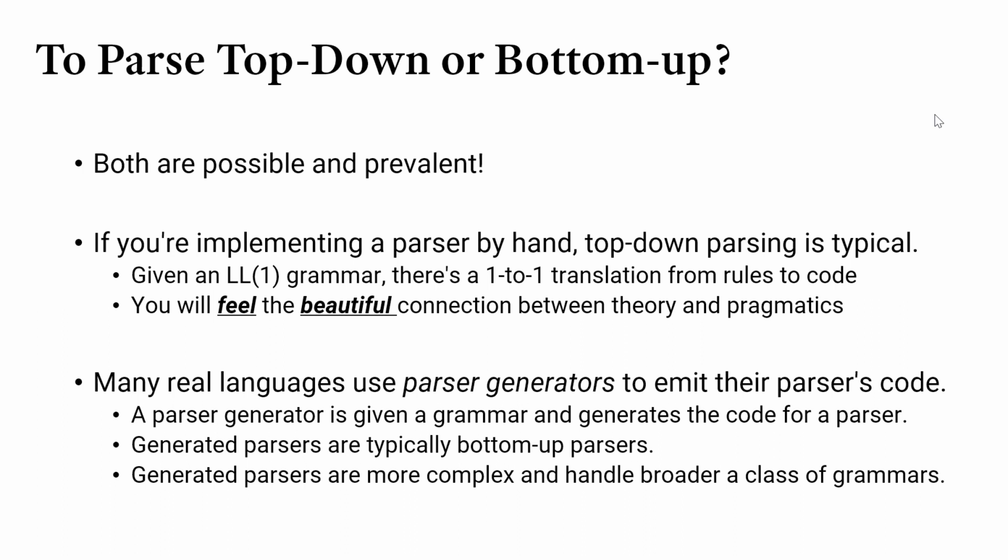The problem with a bottom-up parser is that it winds up being really, really difficult for humans to reason about and correctly implement when you're doing it manually. There are some rules that you could follow to do this. Of course you can, because if a computer can do it, so could you. But it's much more tedious and would require a lot more effort than doing a top-down parser by hand.